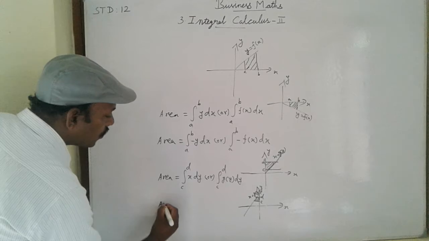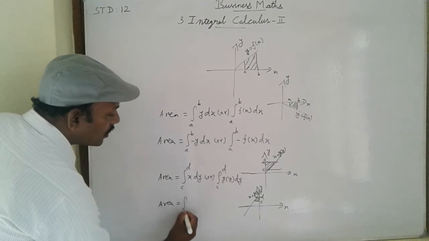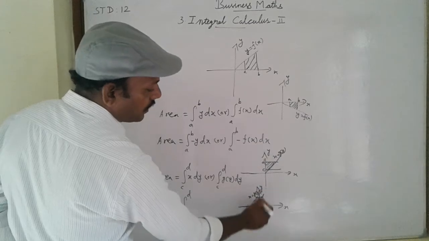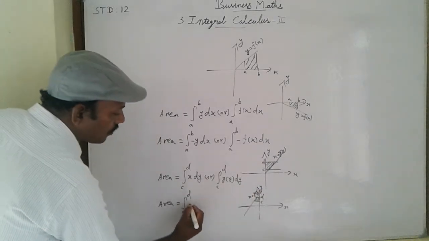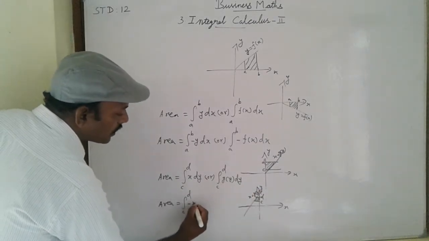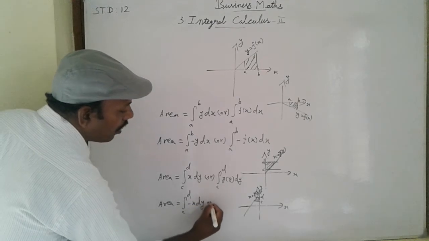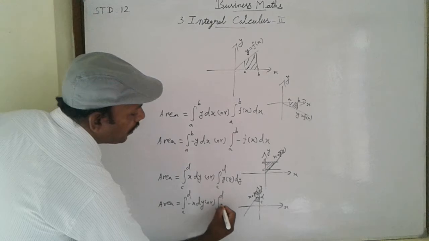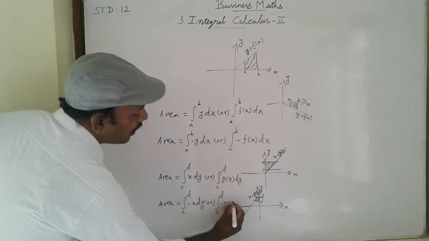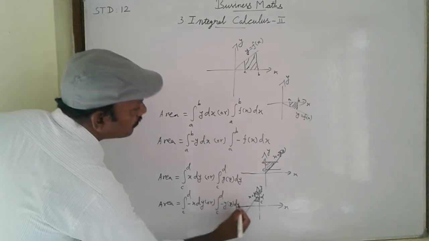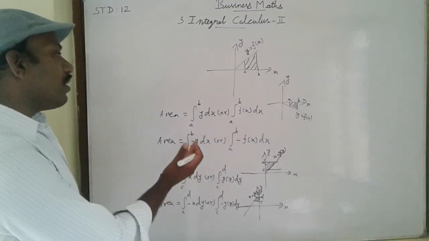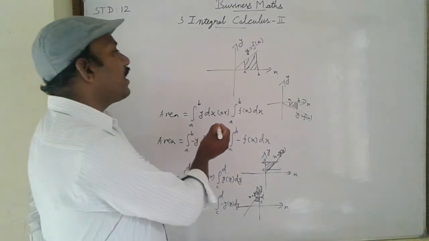Then area equal to the integral from C to D. This is the left side of the y-axis, so we should substitute negative values: minus x into dy, or the integral from C to D of minus g of y into dy. This is the formula.